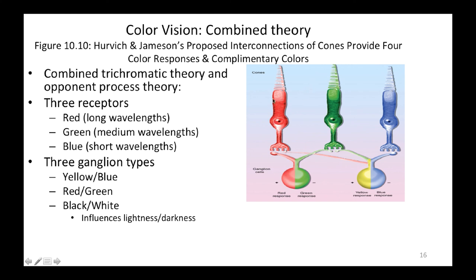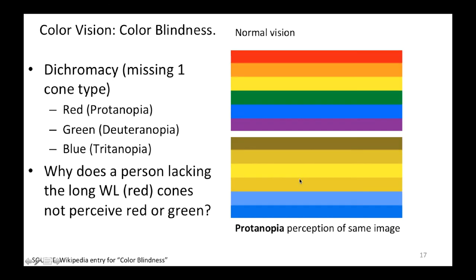Without the cone working, this ganglion cell can't work, and so we knock out both red and green in that situation. So that's true whether you're missing the long wavelength cone or the medium wavelength cone. You're going to miss seeing both those colors in the same way that a person who has normal color vision would be able to see them.